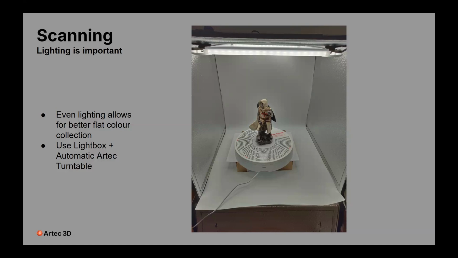This allows for even lighting distribution, and the Artec turntable synchronizes with Artec Studio. So when you're scanning, let's say with the Spider II, once you click to start the scan, either in Artec Studio or on the scanner itself, the turntable will start rotating right after that. So it's quite easy to collect that, and this allows for more even colors.